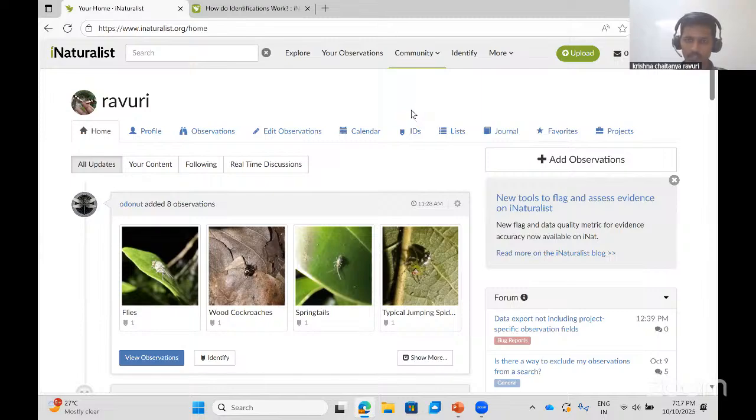You can open this on any desktop. The web version is the most powerful one. You can also identify on the mobile version, but you need a lot of patience. I initially identified on mobile, but later I found that if you want to identify many observations at once, the website is the best.